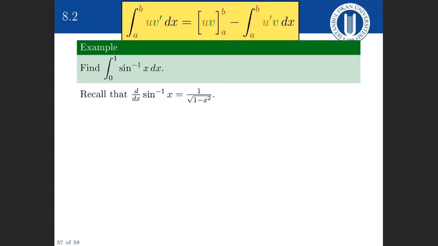We're going to use this, so I'm going to use the same trick that I used before. I'm going to suppose that the integrand is inverse sine of x multiplied by 1. This way, instead of having to integrate inverse sine, I'm just going to be differentiating inverse sine.